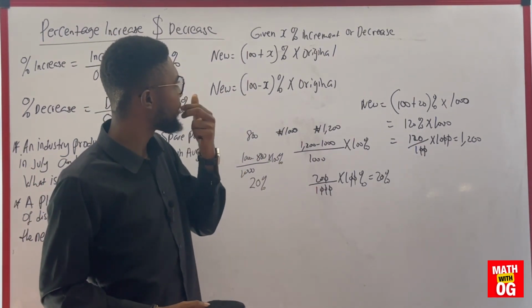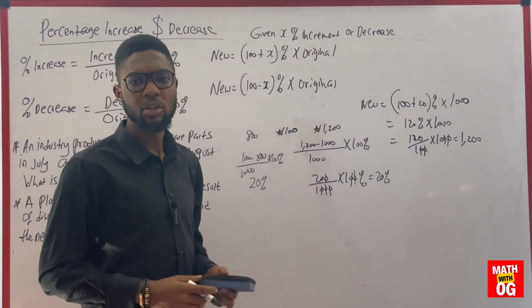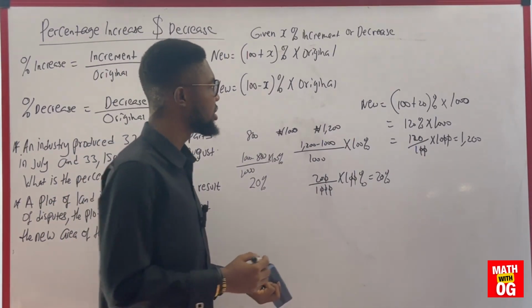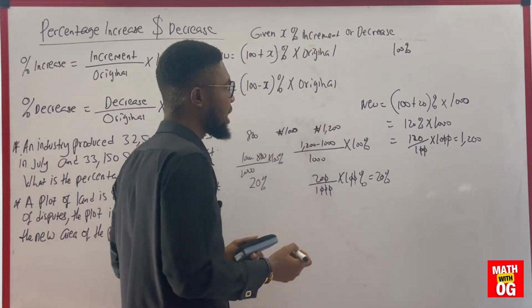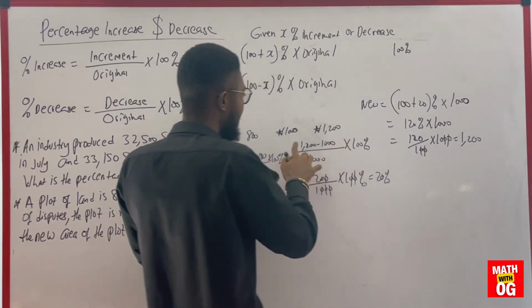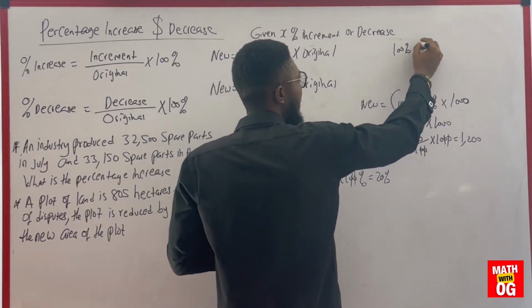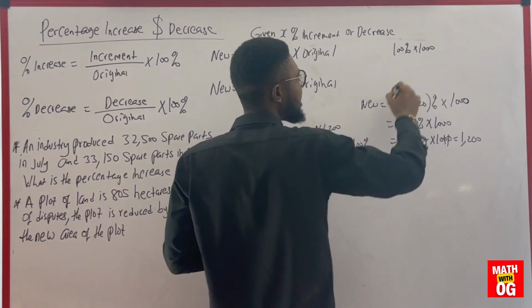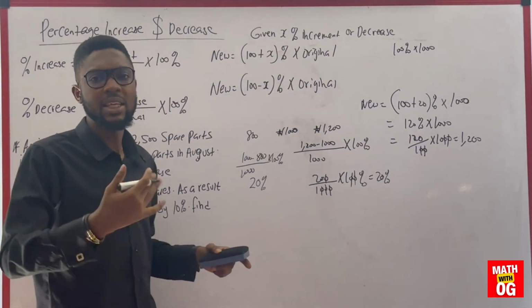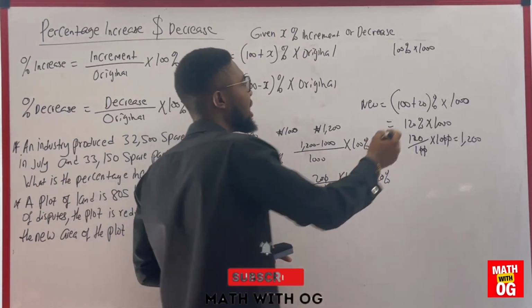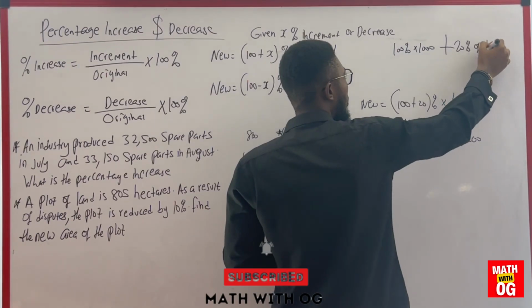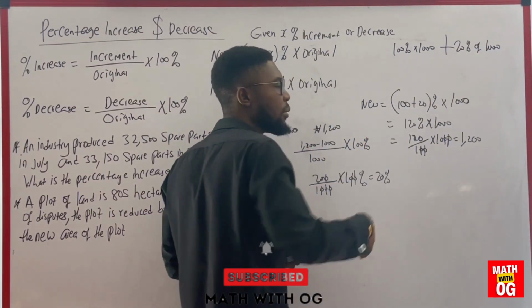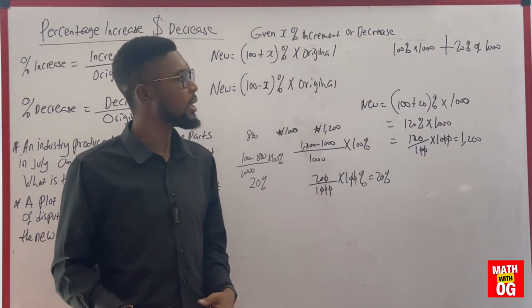And you might be asking yourself, how does this formula work? I'm increasing my salary by 20%. Originally, my salary was 100% of itself, and that was 1,000 naira. So an increment of 20% means I want to add 20% of 1,000 naira to my salary, which was 100% of 1,000 naira.